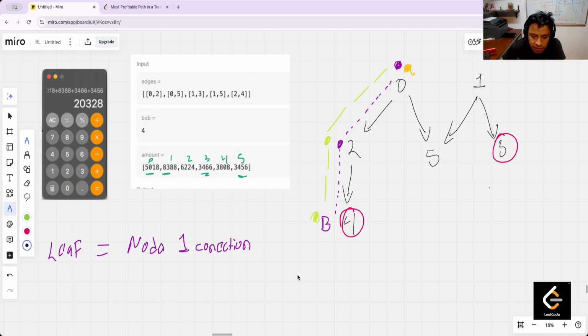For example, 0 goes to the 2, the 0 goes to the 5, the 1 connects with the 3, the 1 connects with the 5, and the 1 is connected with the 3, and I don't have more connections. I can use it in this way, or even like this. It doesn't matter.